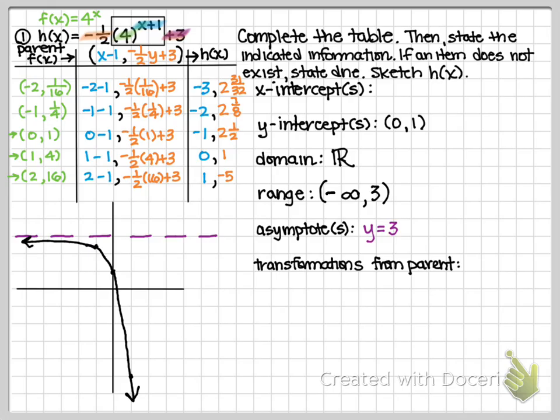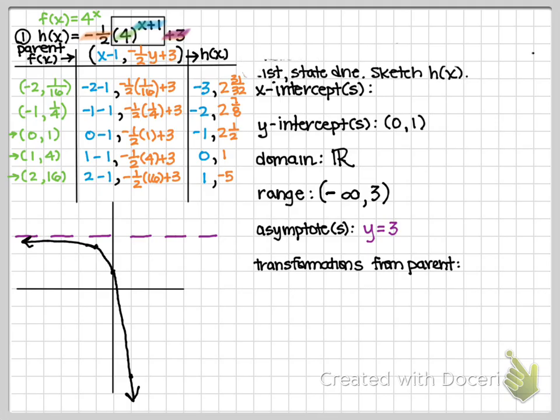X-intercepts. Okay, so to find the x-intercept, I'm going to plug in 0 for y. So if I plug in 0 for y, I had to do some calculations. See if we can find some space for this. Actually, I think I'm just going to erase some of the directions up at the top so I can do some work up here. Okay. All right, x-intercept. So to find the x-intercept, I'm going to plug in 0 for y.